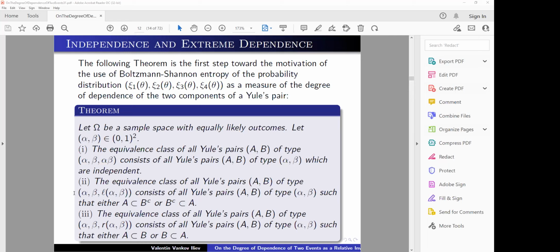This happens at the left endpoint of the interval. And at the right endpoint of the interval, the equivalence class where R is the right point of the interval consists of all pairs such that one of the events is a subset of the other. So this is extreme positive dependence.